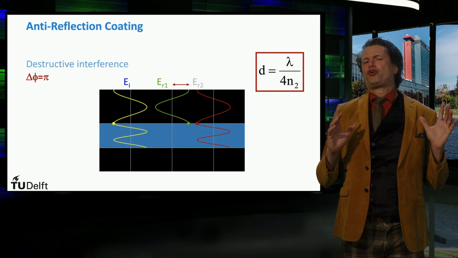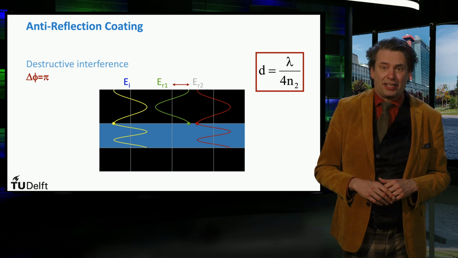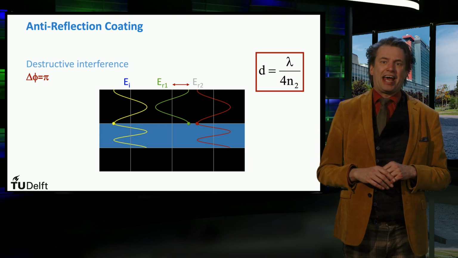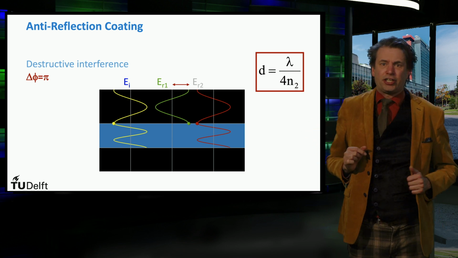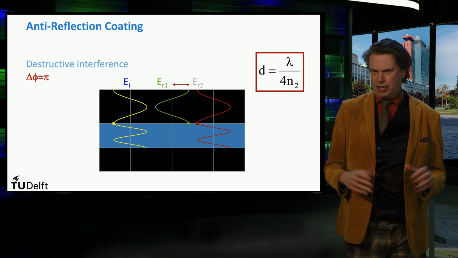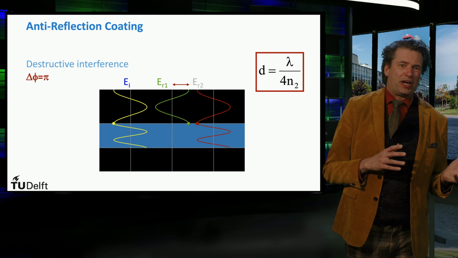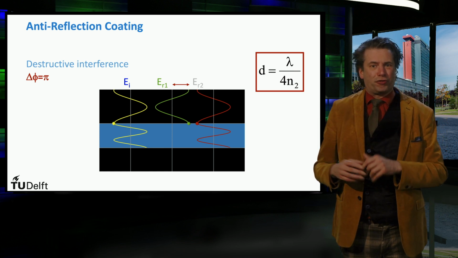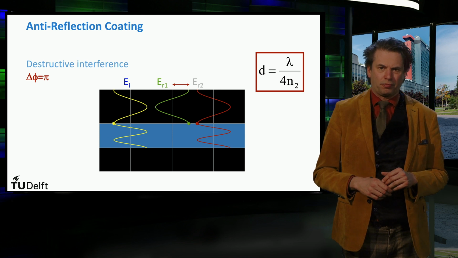Secondly, using the concept of destructive interference, we can choose the thickness and refractive index of an anti-reflection coating such that in a certain wavelength range the irradiance coupled out of the solar cell is minimized. The light reflected from the front surface is in antiphase with the light reflected from the back surface, as discussed in part 1 of the solar energy MOOC.